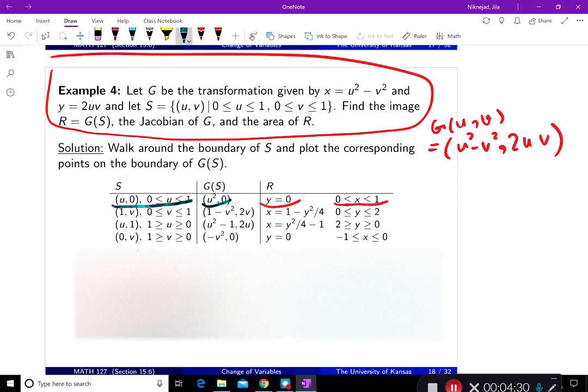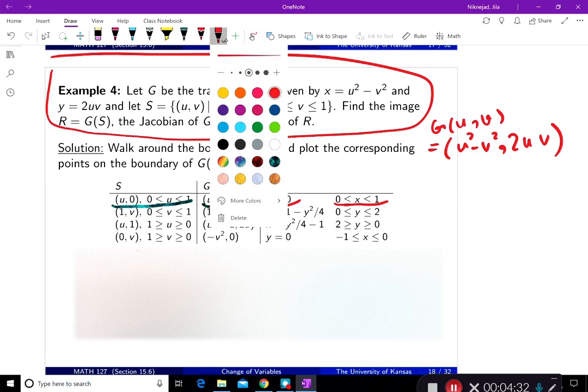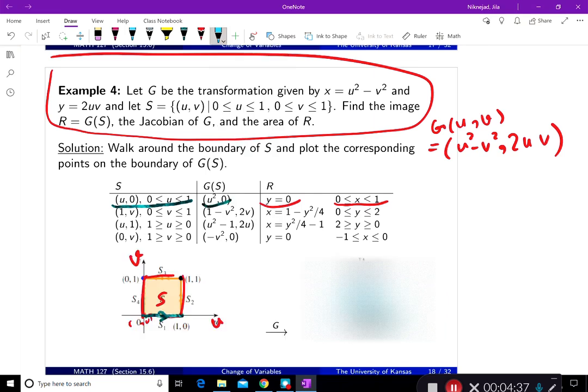Now let's pick another boundary. Let's go with this one. This boundary is the line segment u equal to 1, and v runs between 0 and 1.